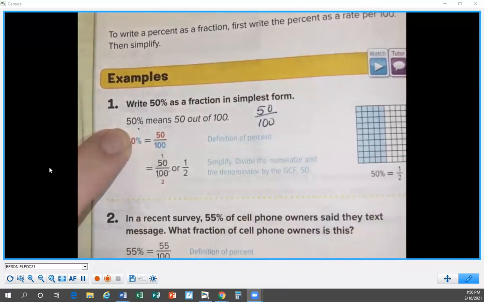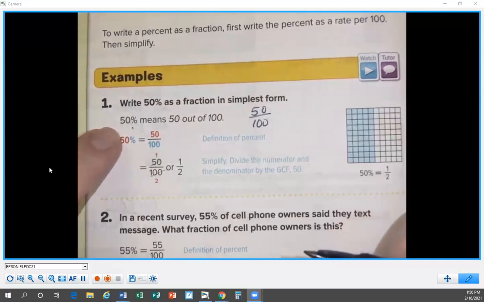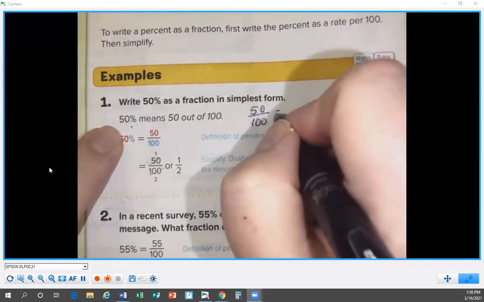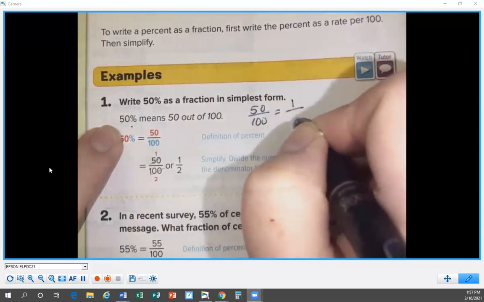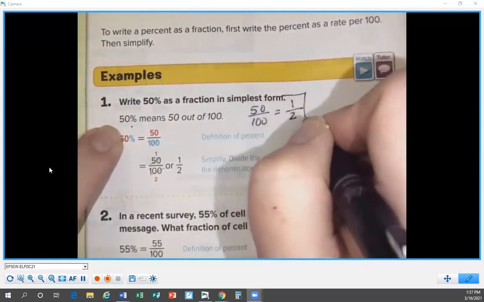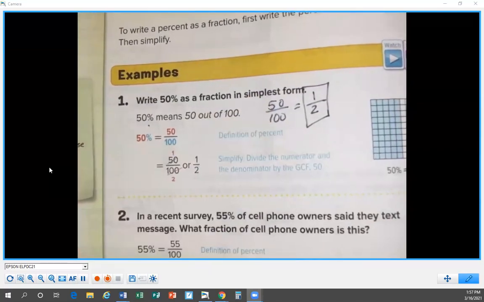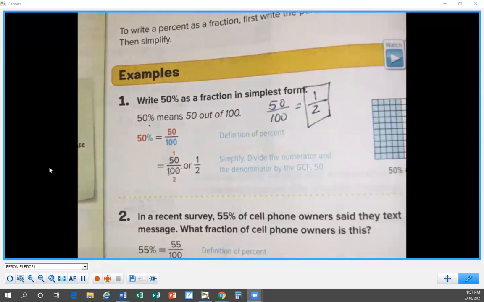So we say 50 over 100. We know that 50 and 100 are both divisible by 50. 50 divided by 50 is 1. 100 divided by 50 is 2. So this simplifies to 1/2. We divided both by 50, factoring out the greatest common factor.